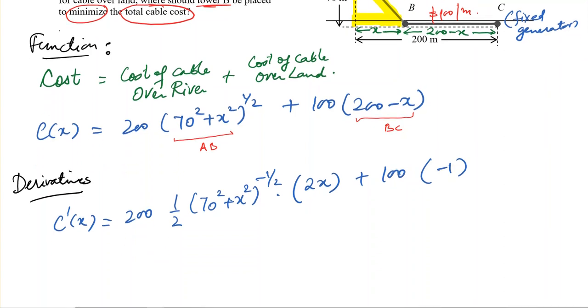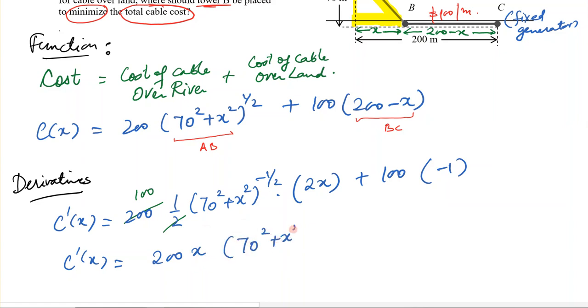We notice that we can cancel the common factors, so the first derivative is 200x divided by the square root of 70 squared plus x squared, minus 100.